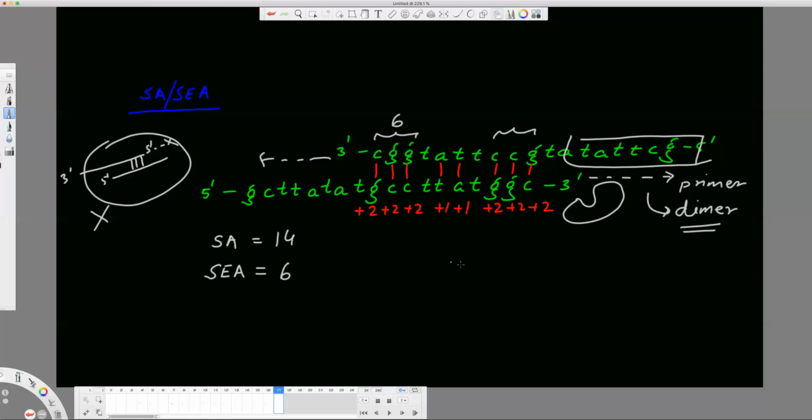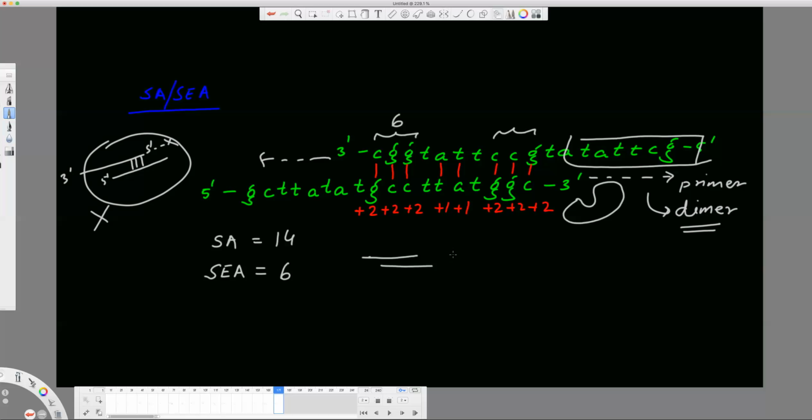Okay, now the question is the following. If this is the case, how do we decide which orientation to look at? For example, you can have this orientation of 2 primers, right?